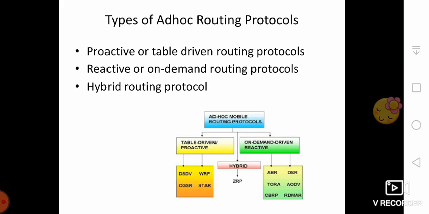Actually, proactive routing protocols are also called table driven routing protocols, in which each node maintains a routing table. So the routing table contains up to date routing information of the entire network. So whenever a node wants to send a packet to the receiver node, it looks up its own routing table to find the routing path from itself to the intended receiver.